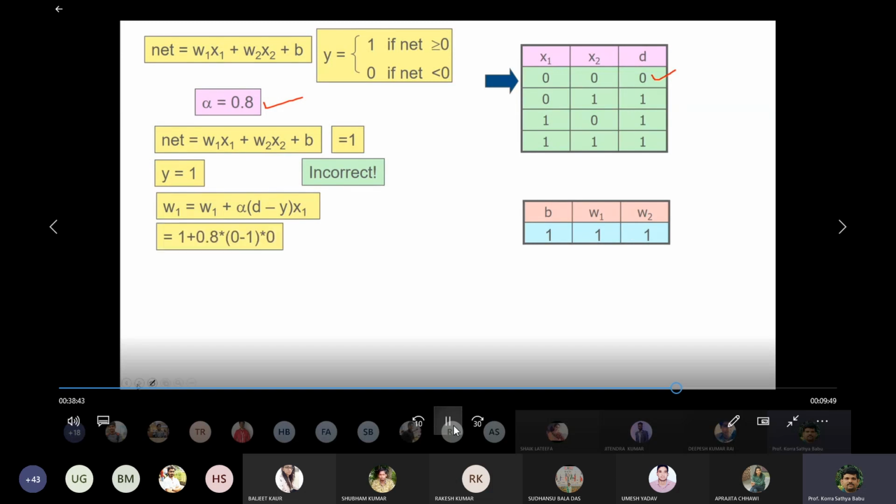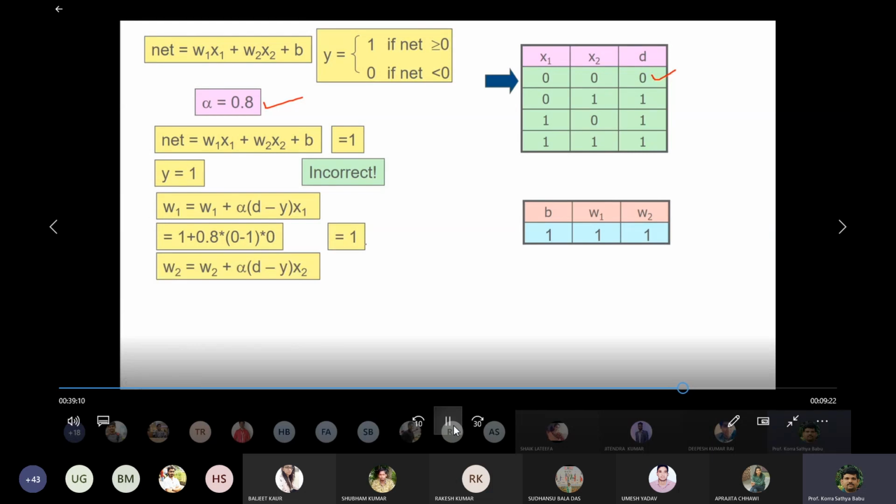How to update that? 1 plus 0.8 into, this weight 1 is 1. Desired output is 0 and attained output is 1, into x1. X1 is 0 here. So this is the value we have to get, that equal to 1.